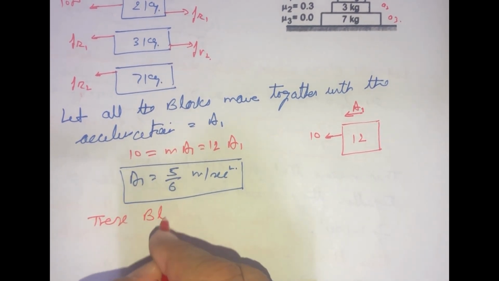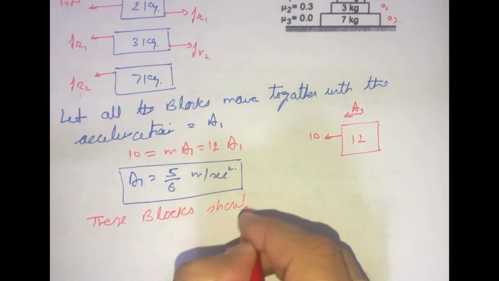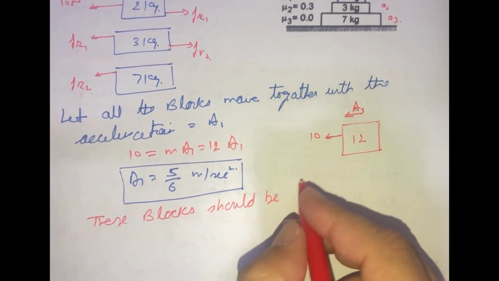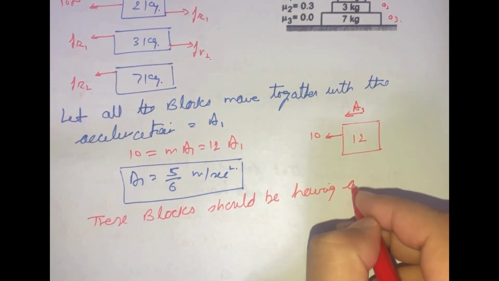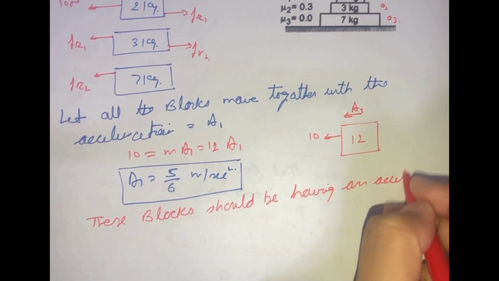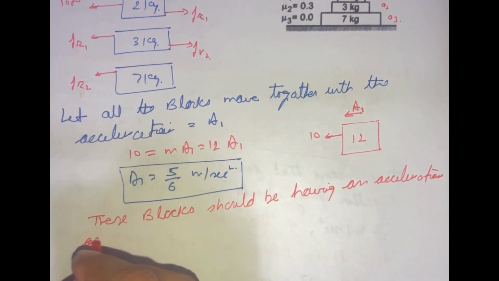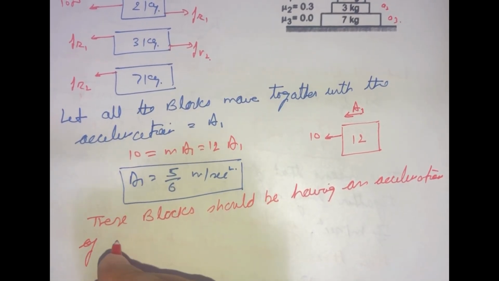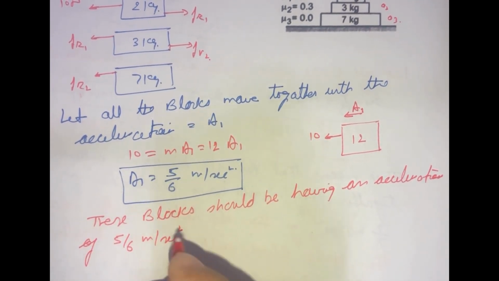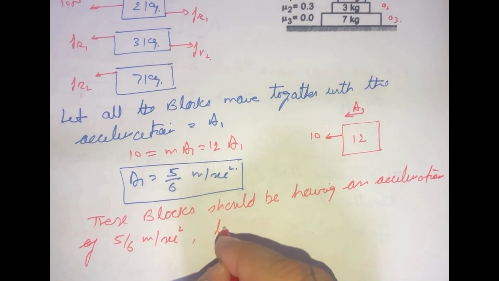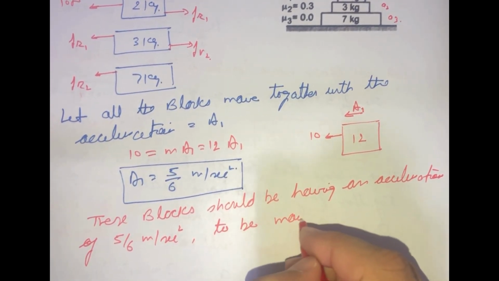These blocks should be having an acceleration of 5/6 meter per second square to be moving together.